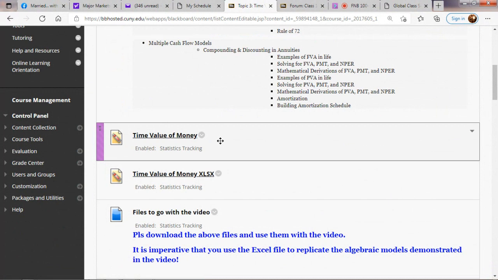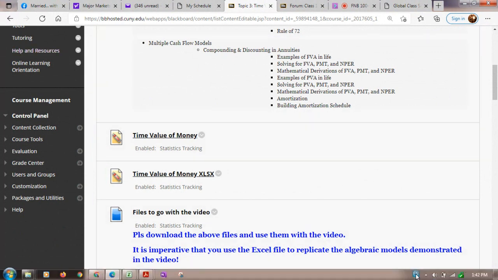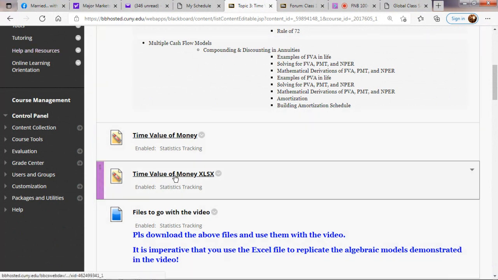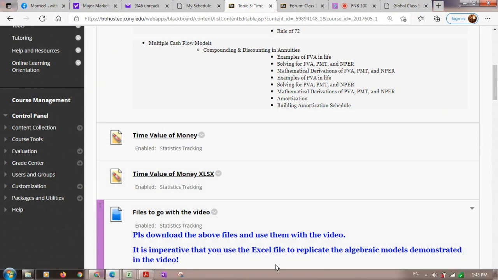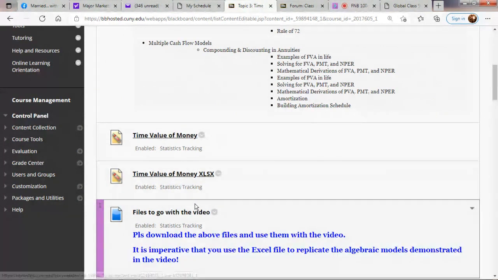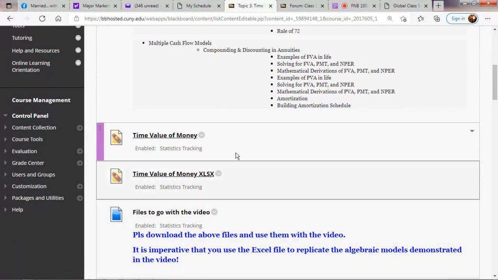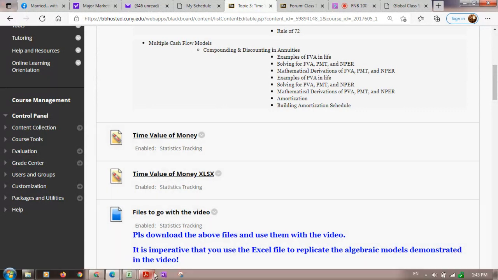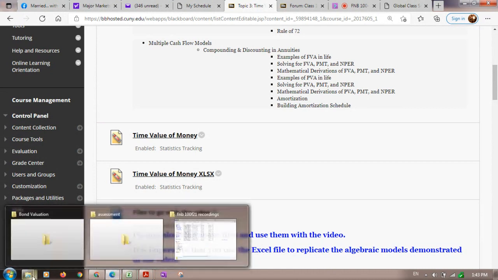If you never knew that all this time, it's a shame. But download this one. This is the PDF file. This is the Excel file. It's already shouting out. We want you to download it and have it in front of you. Of course, you downloaded this previously while we did the single cash flow model. So I want you to have it in front of you.